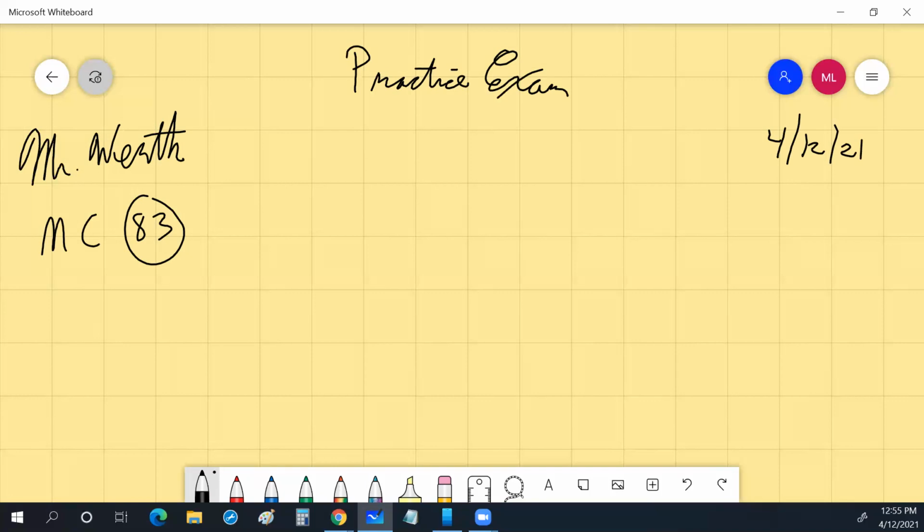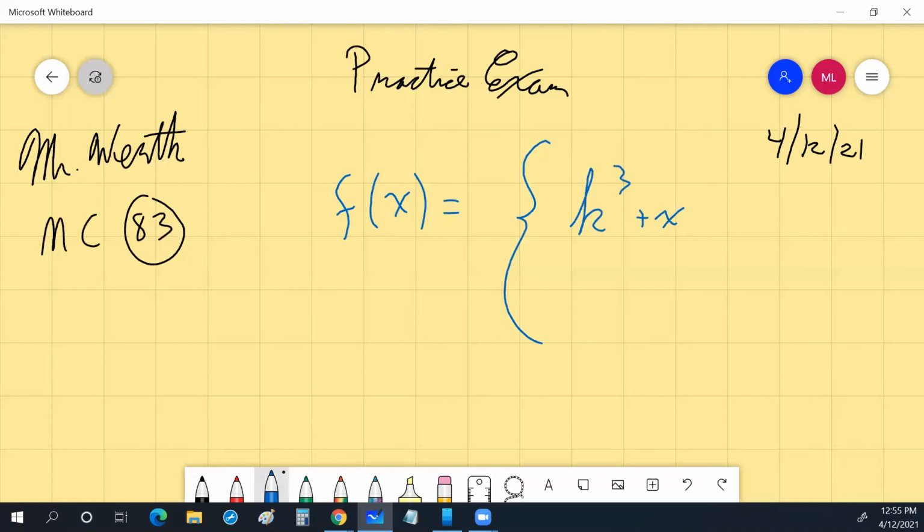Okay, so we got this function. f of x equals k cubed plus x for x less than 3, and 16 over k squared minus x for x greater than or equal to 3.